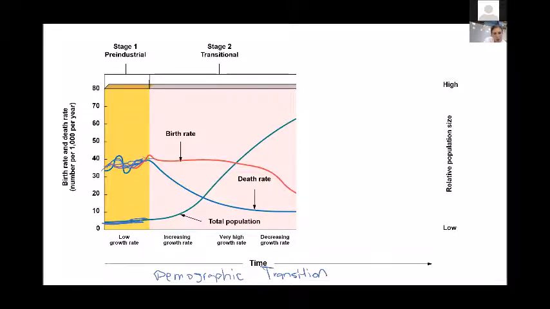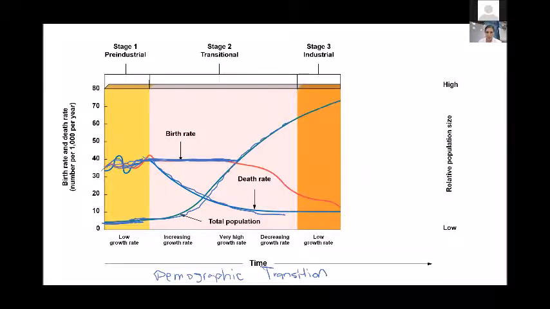So at first, the birth rate does not change at all. It stays the same. There's this reproductive lag time, but death rates decline. And this is when we start to see that exponential growth occur. Because death rates are declining, but birth rates are staying high, the total population really expands quickly.